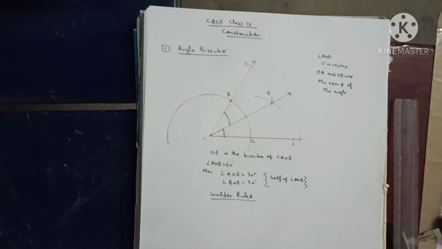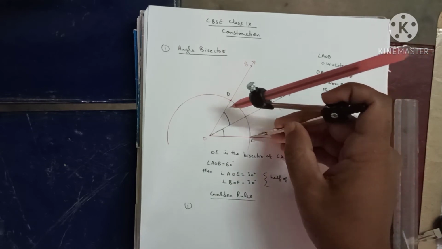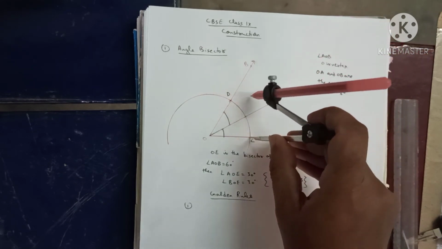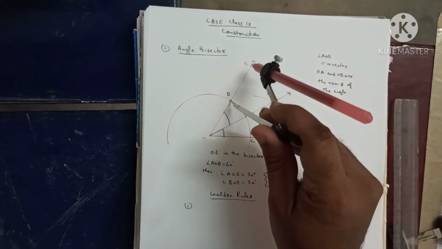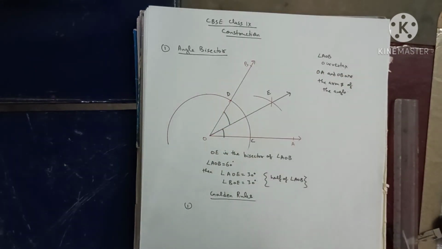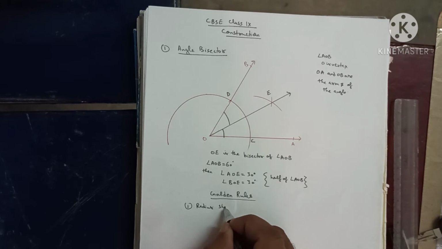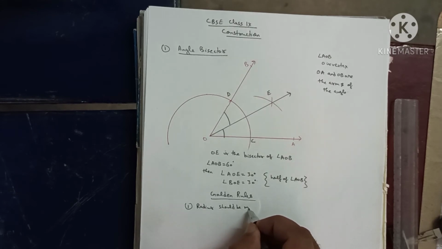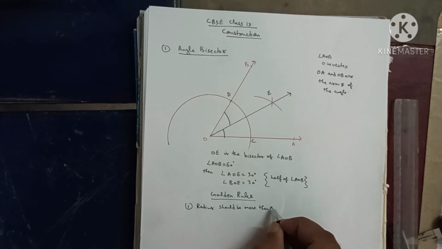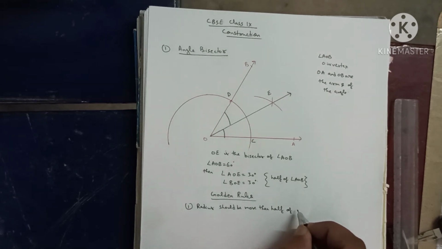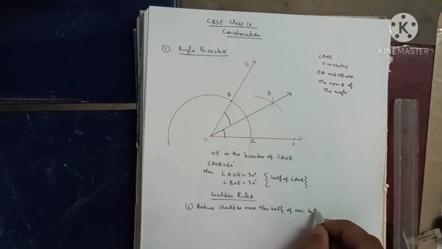The first rule is that whenever you are drawing an angle bisector, the radius which you take when drawing the final arcs should be more than half of the arc to be bisected.